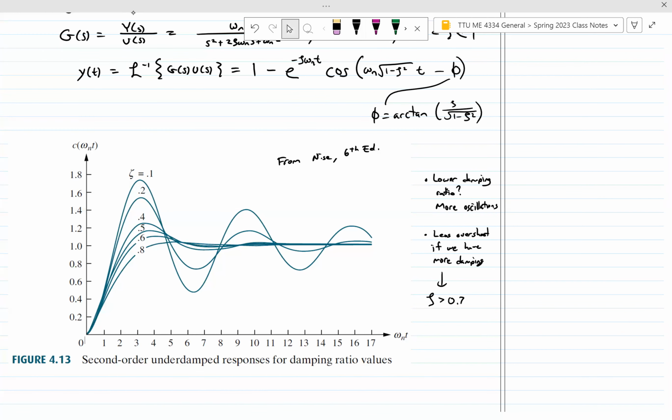So if zeta is greater than 0.7, we don't have multiple back and forth around the steady state value.